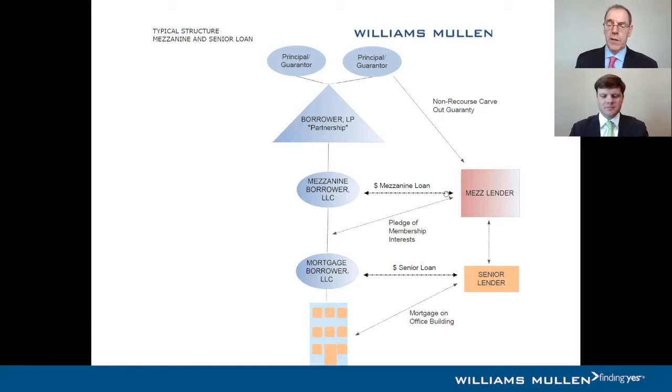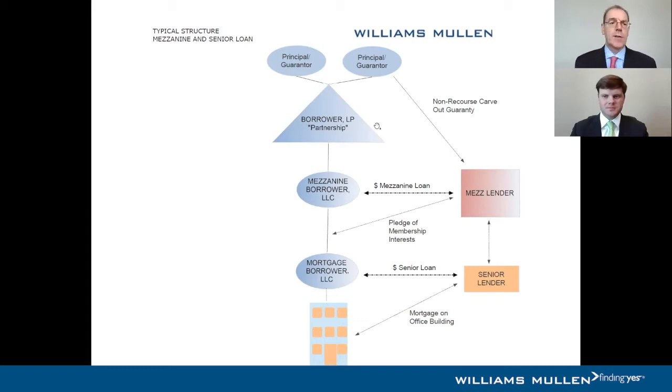The mezzanine lender, by comparison, makes a loan to a completely different borrower, usually the owner of all of the equity interests in that mortgage borrower, and the mezzanine lender receives a pledge of the membership interests or other equity interests in that mortgage borrower to secure its loan. So in this structure, there is also a guarantor that generally provides certain assurances to the mezzanine lender, and we'll talk about that in a little bit.